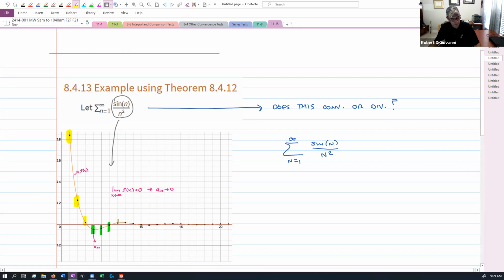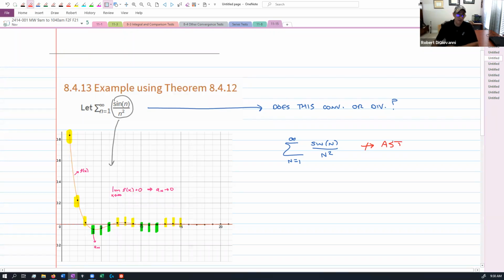Then it goes positive, positive, positive again. Anyway, the whole point is it's not positive, negative, positive, negative. It's not a true alternating series, so we cannot use AST.